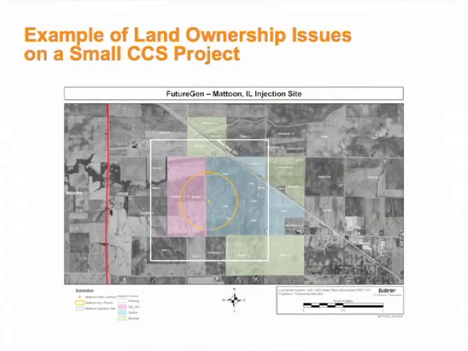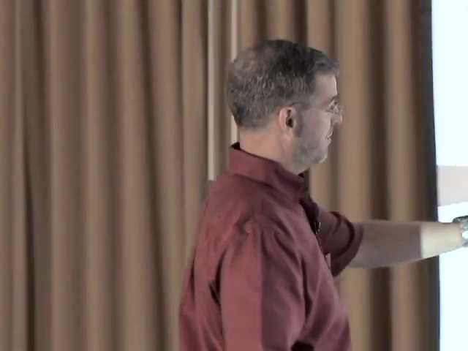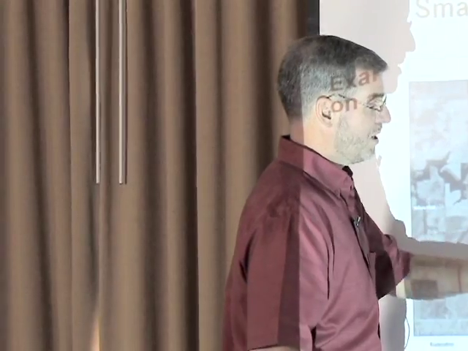Now, what other aspect of land ownership might you think is important to avoid when you're siting a project like this? More broadly, public lands. Be it local, state, or federal, if they own some portion of a property, it's going to be way more involved for you to get permission.